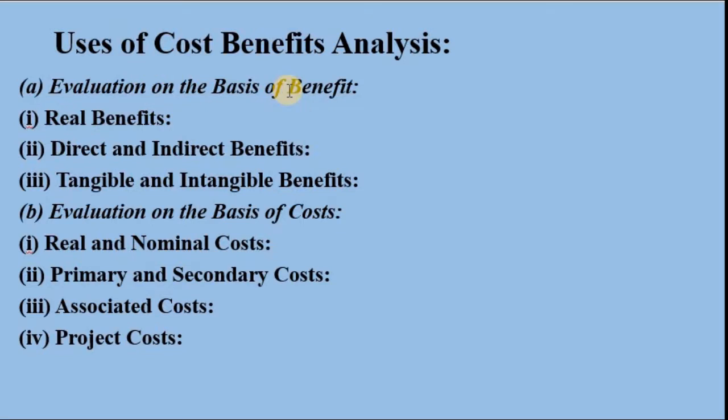And again we'll see the evaluation on the basis of cost. So we are making different evaluations: real and nominal costs, primary and secondary costs, and associate costs, meaning the value of goods and services needed beyond those included in the cost of the project to make intermediate products or services available for use or sale, and also project costs.